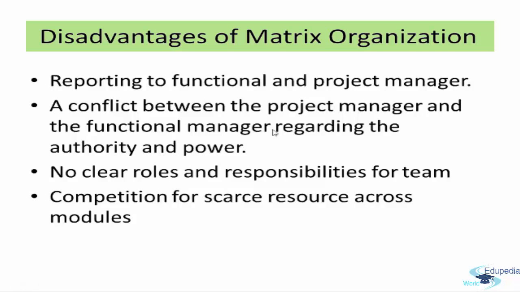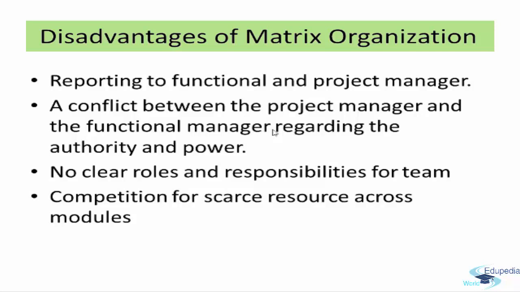Also, there are no clear roles and responsibilities for the team. Sometimes, because functional units have their own roles and responsibilities, for them, doing a project is one of the 10 activities. But for a project manager, the staff role is much more rigorous than what it is in a functional organization.